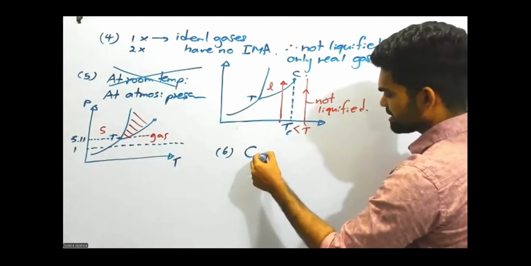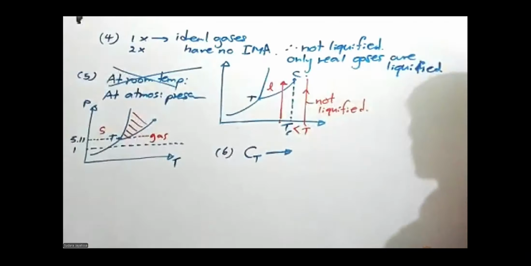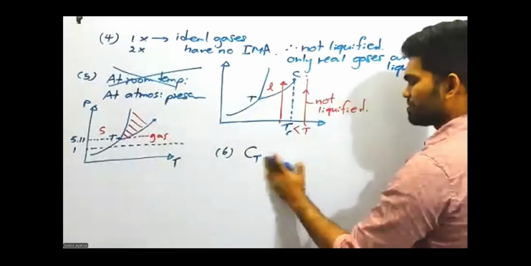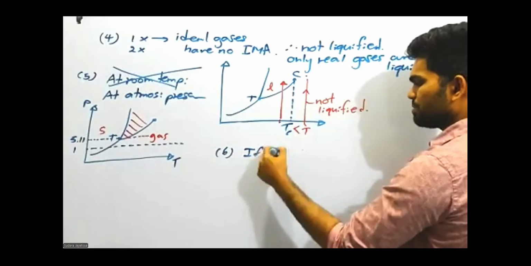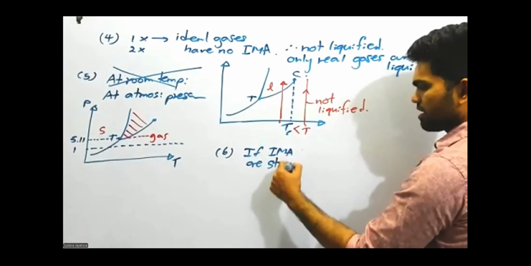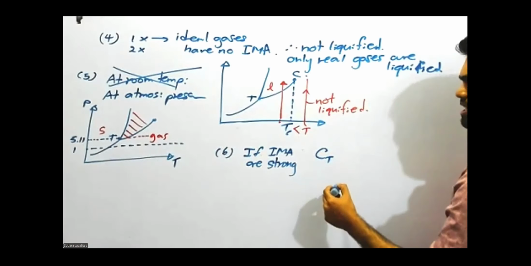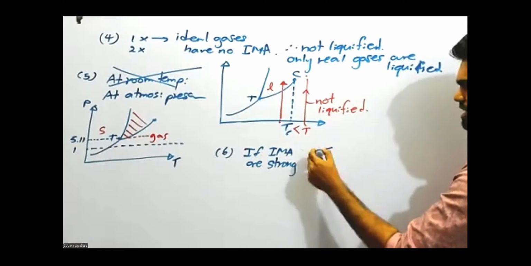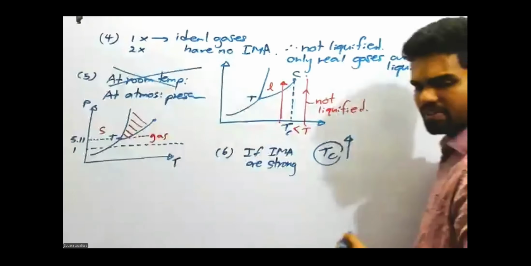So here's the thing. Critical temperature indicates the strength of intermolecular attractions. If intermolecular attractions are strong, your critical temperature is higher. That is the meaning of that.